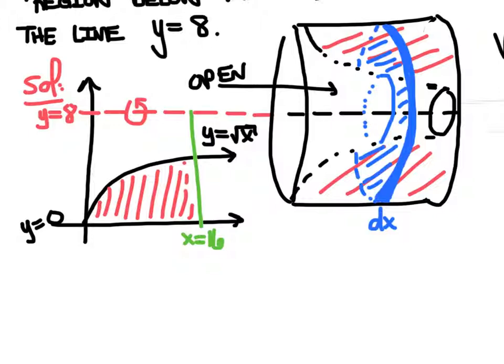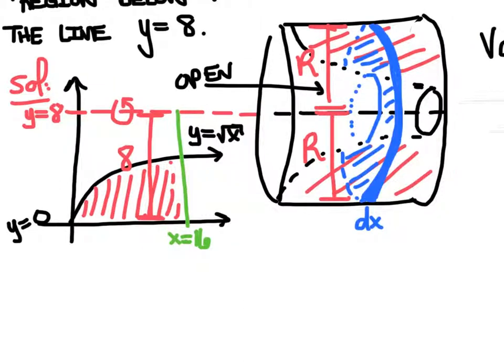Next we have to look for big R. Big R is the distance from the axis to the farthest point on this figure, which is going to be up here. That's the same distance as this distance down here, which is big R. This one's pretty easy because on the two-dimensional figure, that's the distance from here all the way down to the x-axis, which we know is always 8.